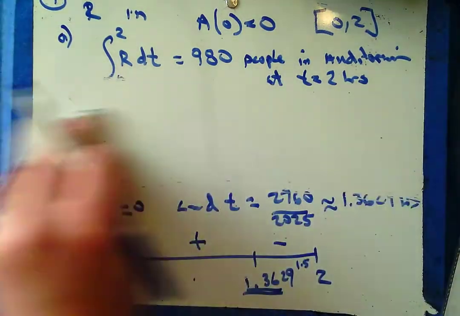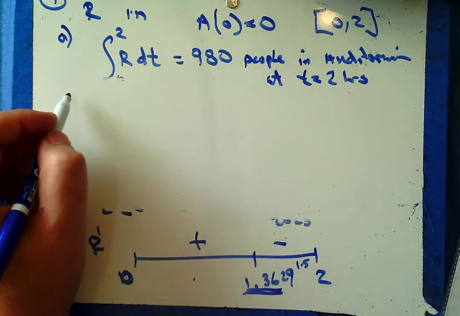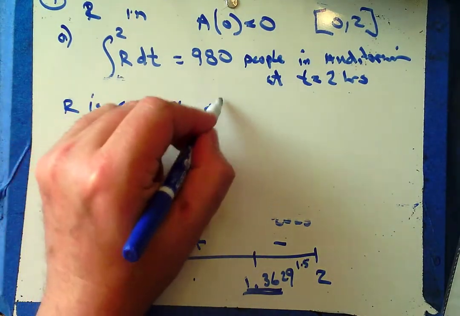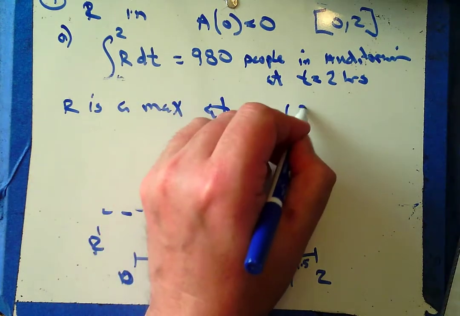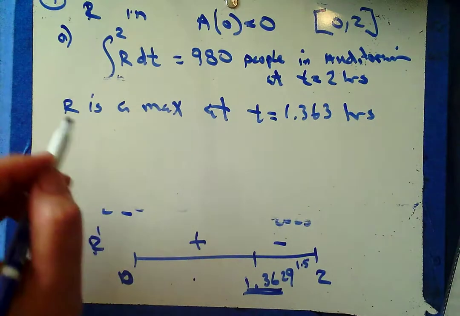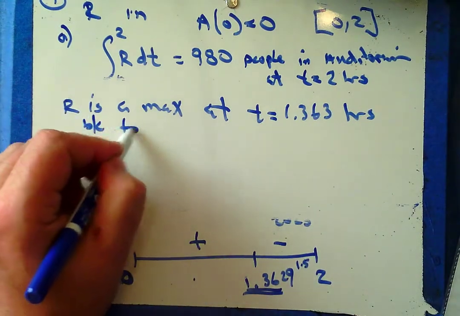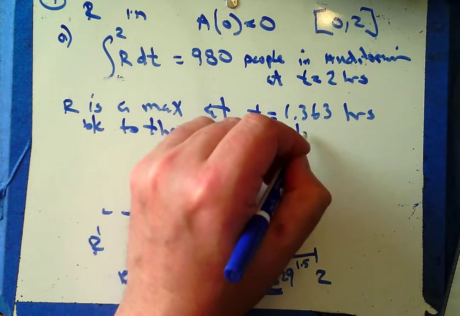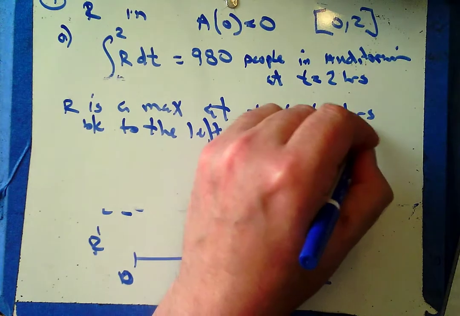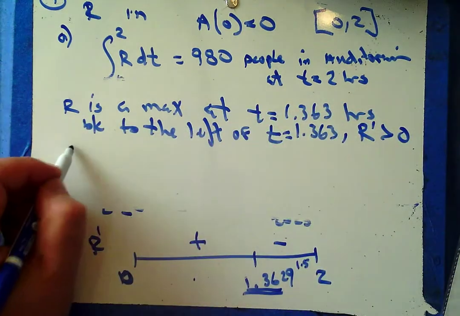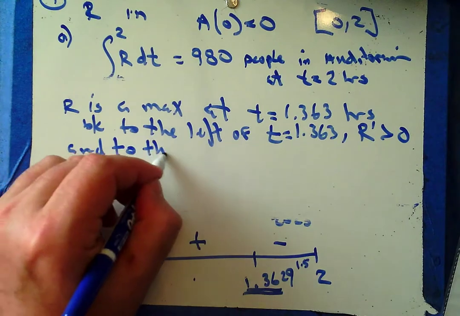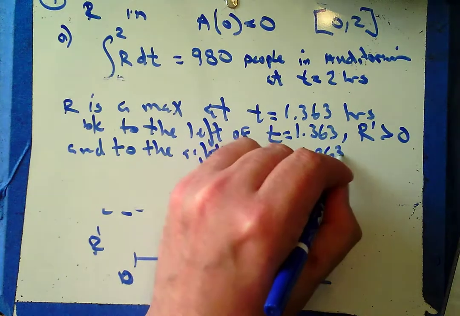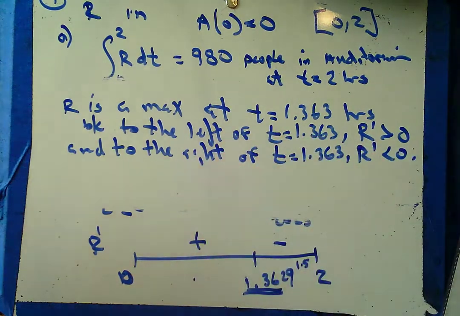So I'm going to say that R is a max at t equals 1.363 hours because to the left of t equals 1.363, r prime is greater than 0, and to the right of t equals 1.363, r prime is less than 0.